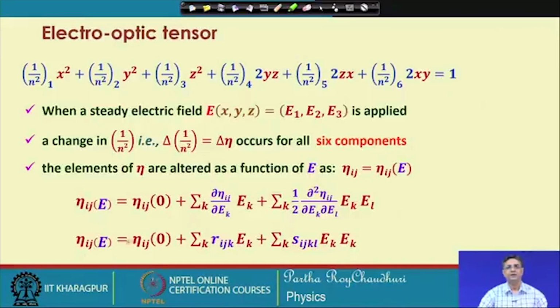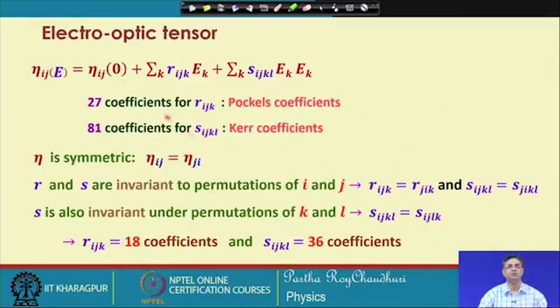We can write this equation in this form because we have represented this as the Pockels coefficient and this quantity as the Kerr coefficient. So, you can write this change in the impermeability in presence of an electric field by this equation. So, this minus this will give you both the effects, represented by these two terms.